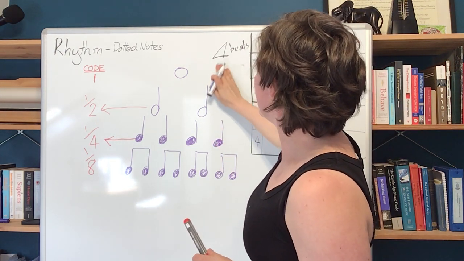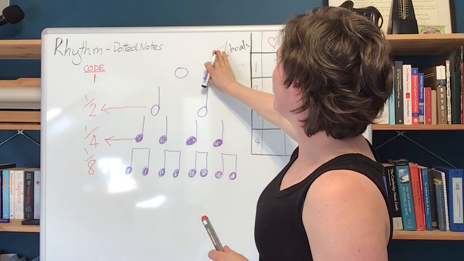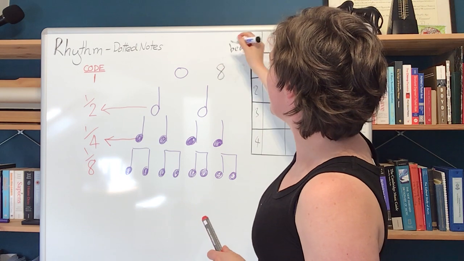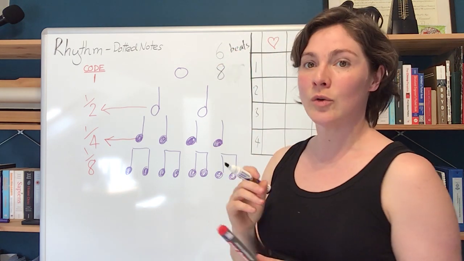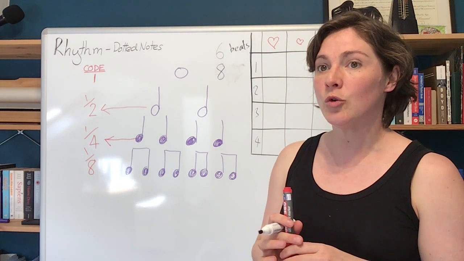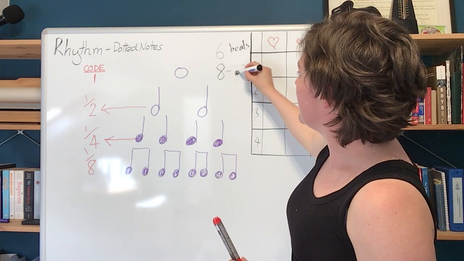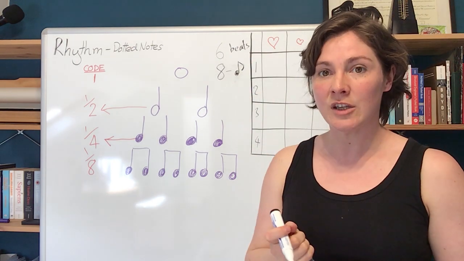Less rare is seeing an 8 at the bottom, and we often don't see a 4 at the top. You'll see something like 6/8 or 9/8 or 12/8. That's compound time, and we're going to be doing more about that another week. But that 8 means we're counting in quavers.